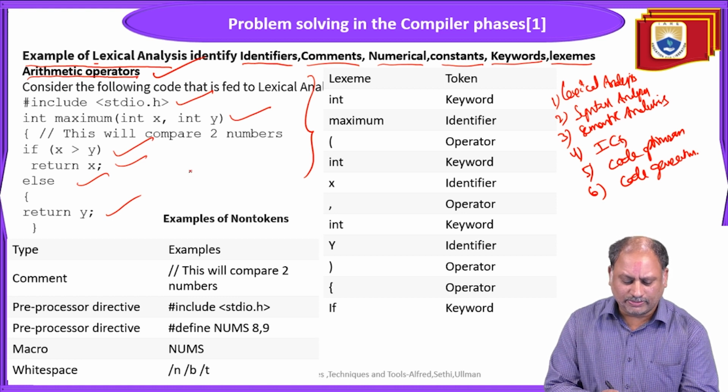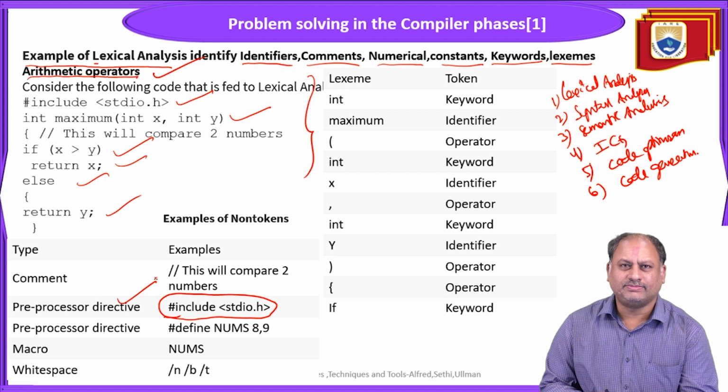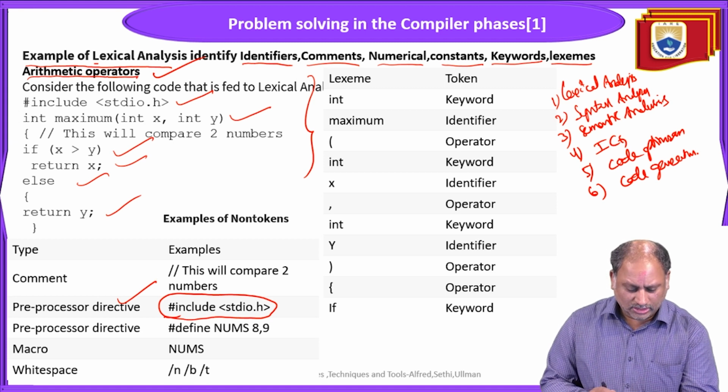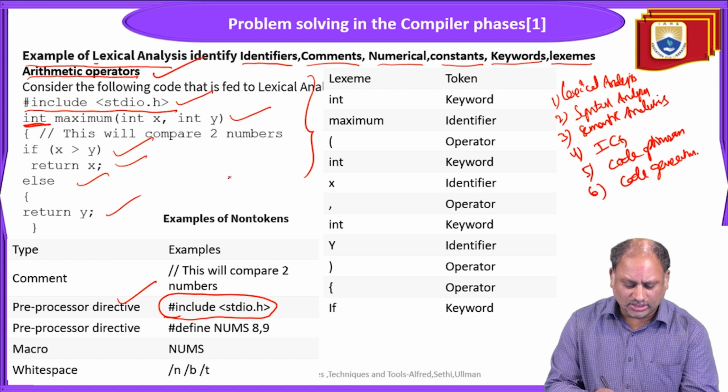So how will it separate? Suppose hash include std.h. It identifies that it is a preprocessor directive. Then it reads the first character, then the second character, then the third character, and a space is identified.